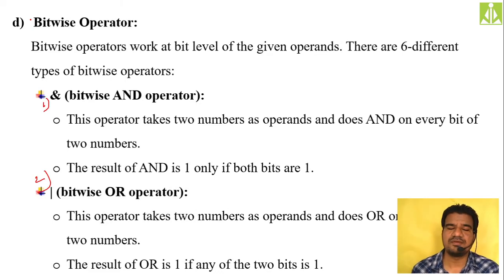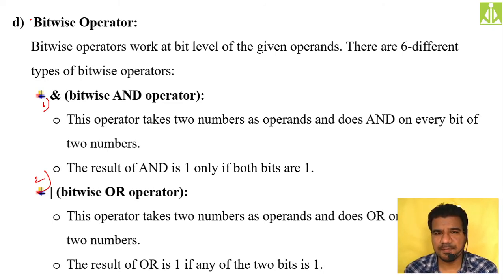Okay, so let's start the first operator category, that is the bitwise AND operator, and it is a binary operator. It takes two operands to perform its operation. As we are converting the given operand value to bit level, it will simply do the comparison.